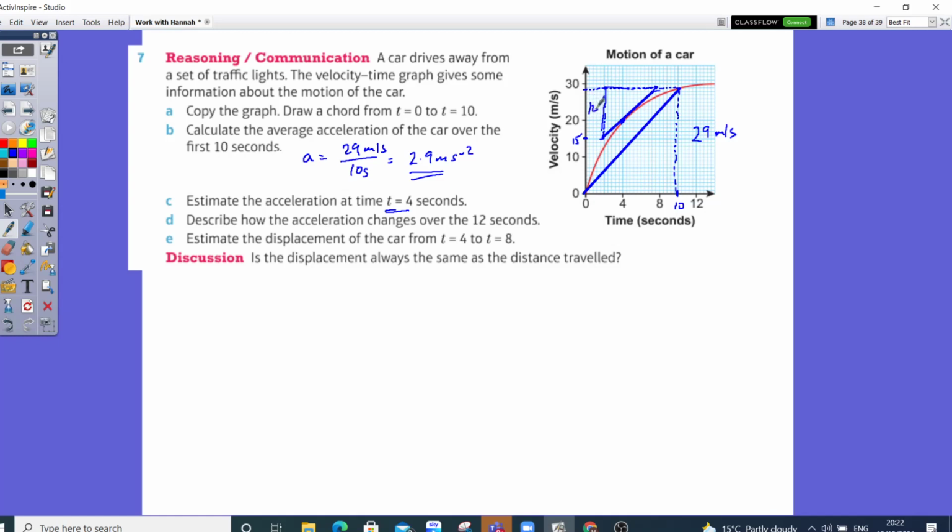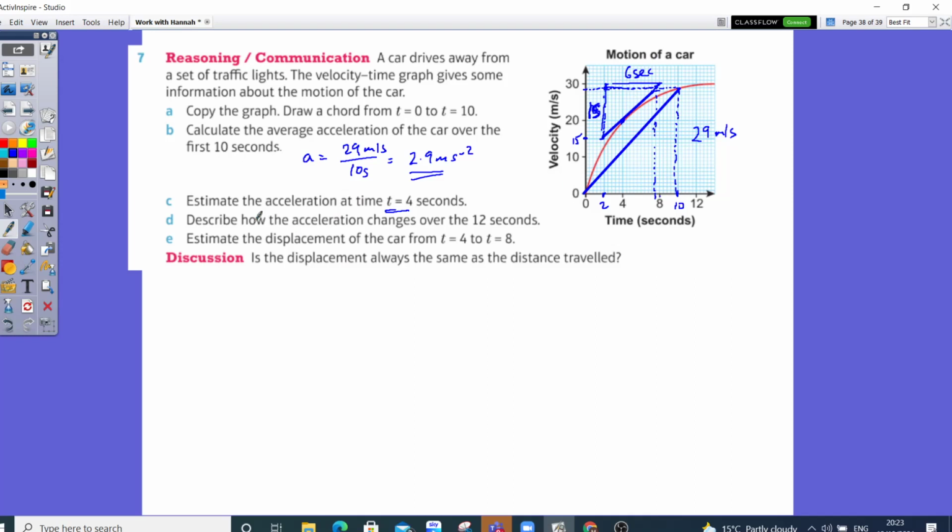So that gives me 14 up here, and along here I've gone from 2 seconds all the way, and if I draw that line going all the way down, if I stretch this slightly and make it exactly 8, I'll get that. So that will go from 15 to 30. That's gone 15 meters per second up, and that's taken from 2 seconds to 8 seconds. So that's going to give me 6 seconds.